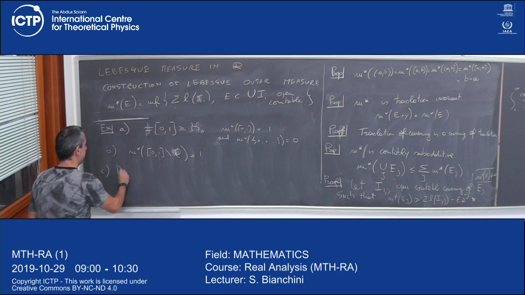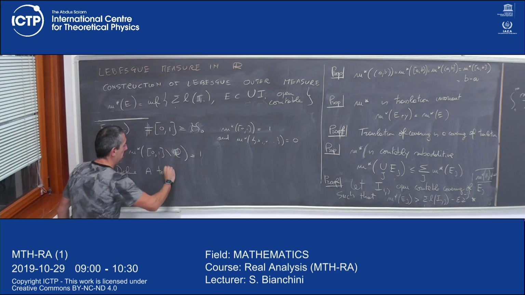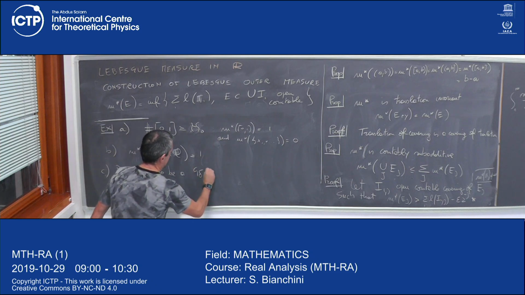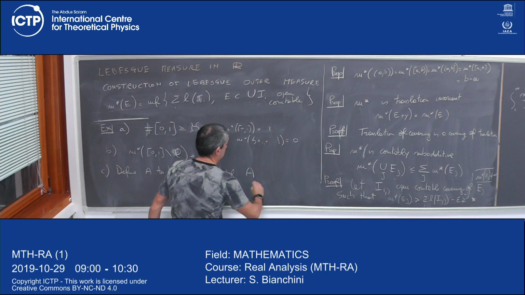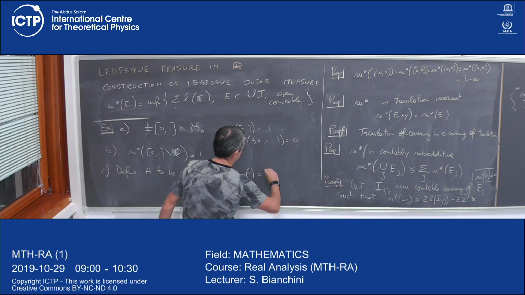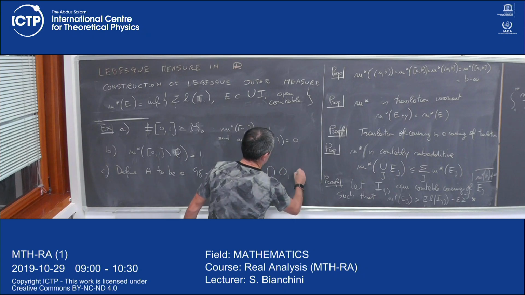Define A to be a G delta set if A is a countable intersection of open sets.